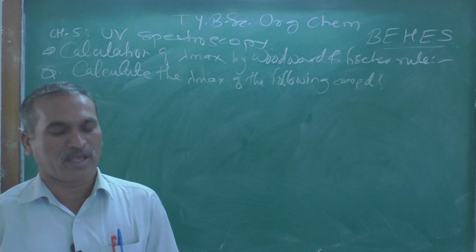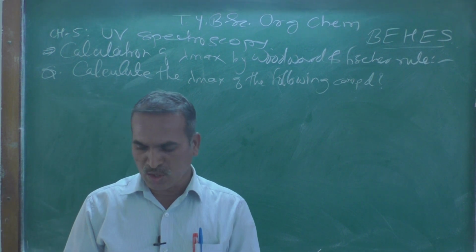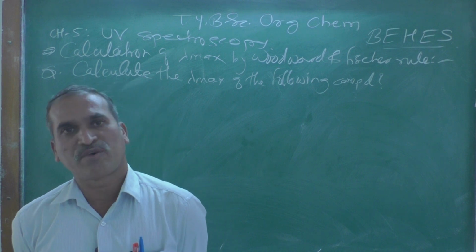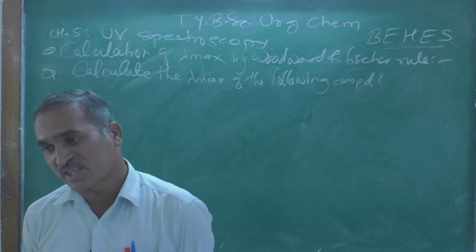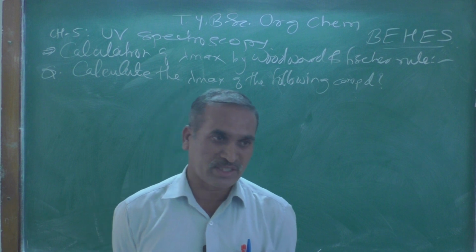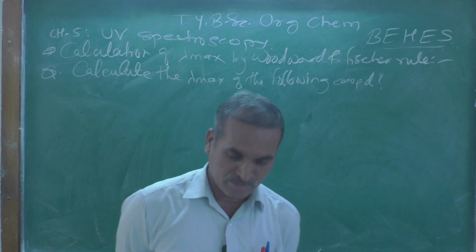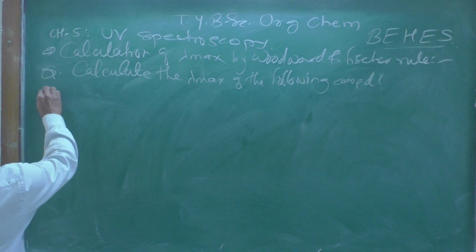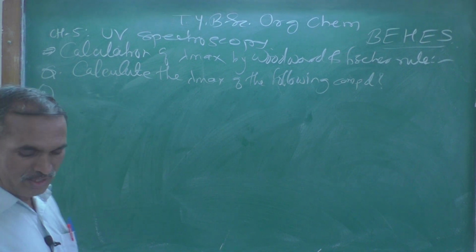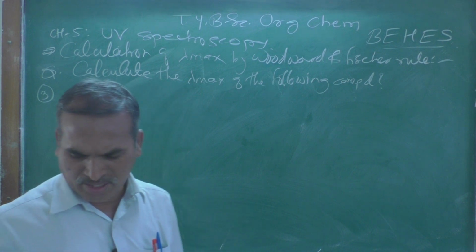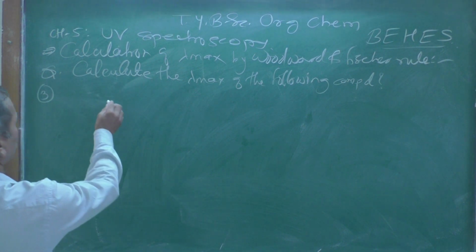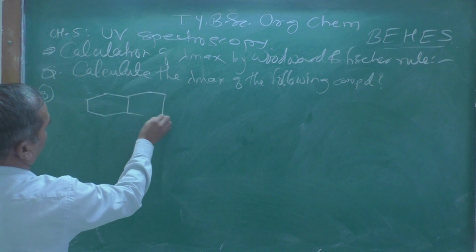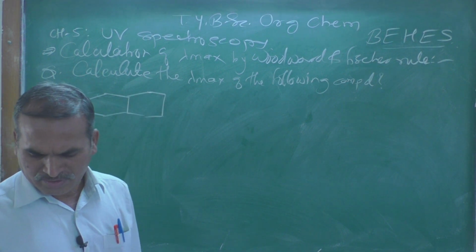Yesterday we solved one or two examples, and we explained what an unknown system is and how to identify that system. Now let me give one more example, example number 3. This is the structure I have drawn.